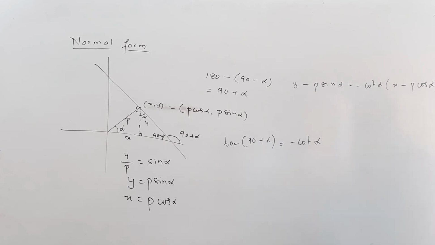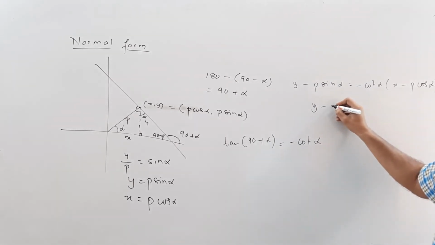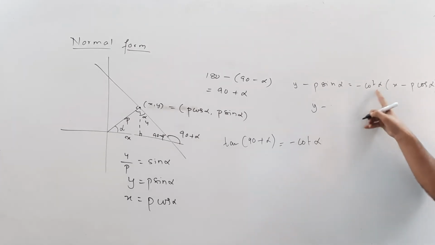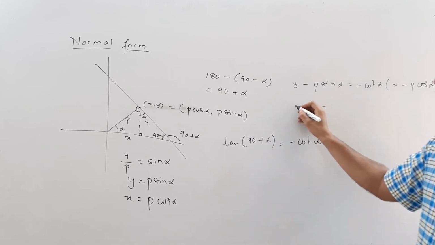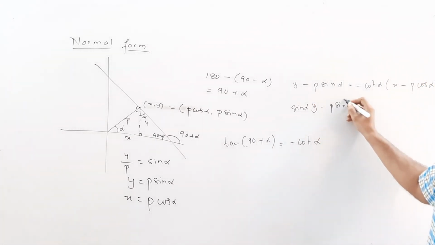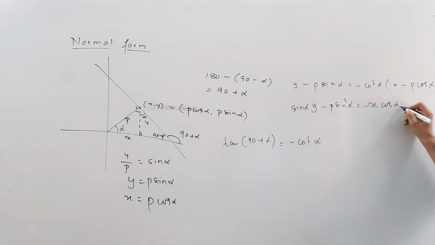Now continue this, and that is how we get the equation of the line. Let's write cot alpha as cos alpha by sin alpha. So multiplying by sin alpha, this is going to be y sin alpha minus p sin square alpha, and this is going to be x cos alpha minus p cos square alpha.